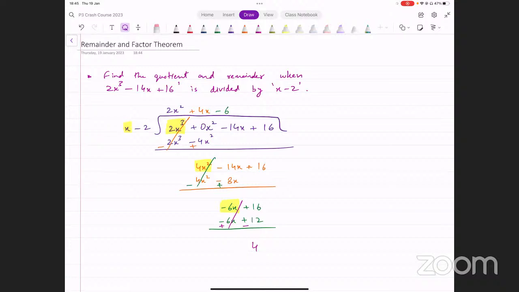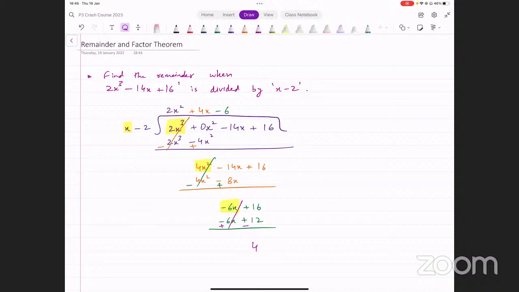Now let's say we did not need the quotient and we only needed the remainder. All right, so let's actually change this question statement a little. Let's say it only said find the remainder when 2x cubed minus 14x plus 16 is divided by x minus 2.